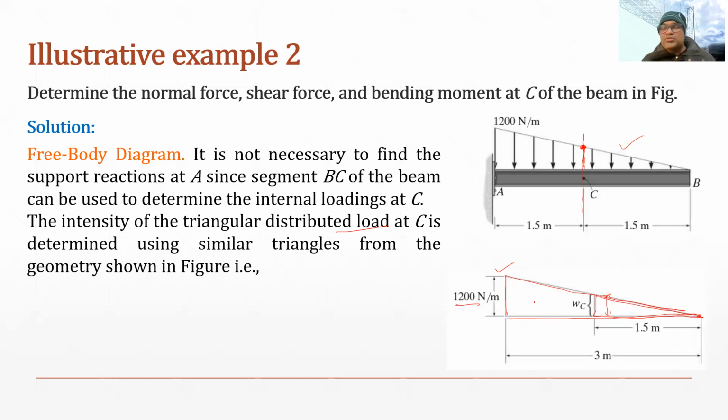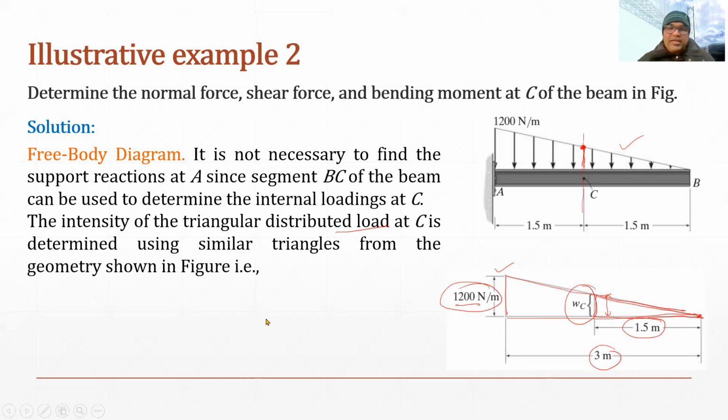So we can use the similar triangle property. According to the similar triangle property, the ratio of this and this will be equal to the ratio of this and this.